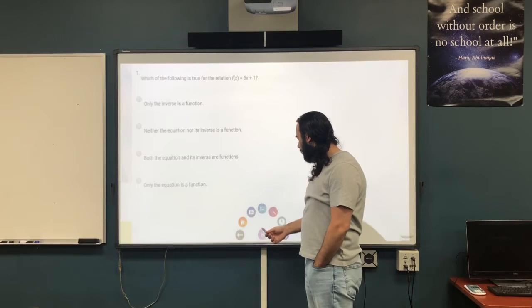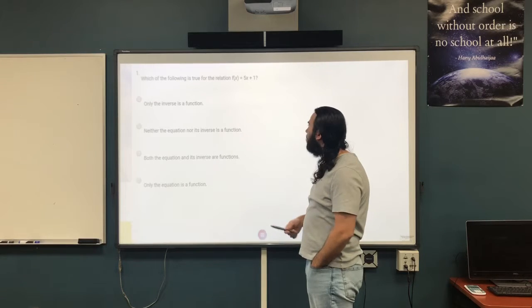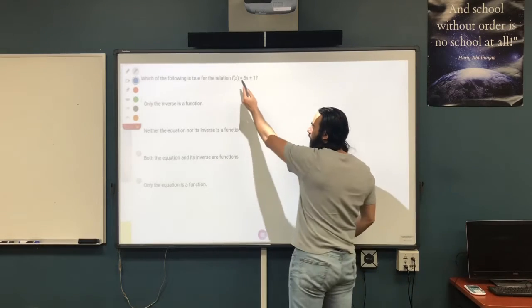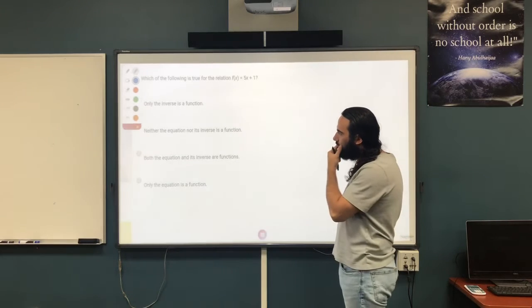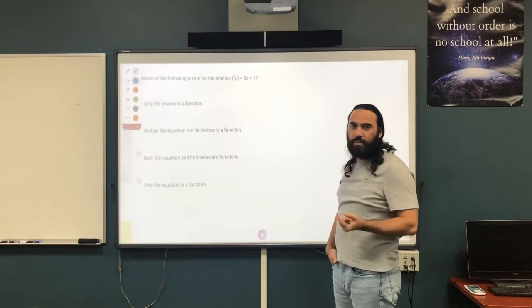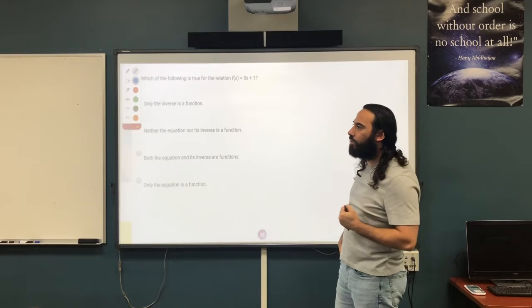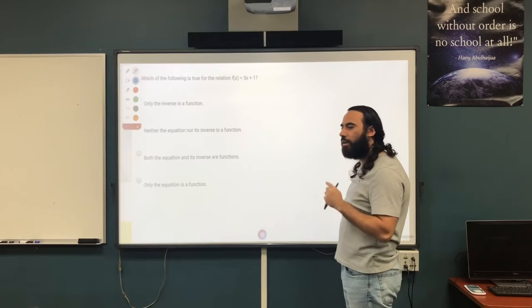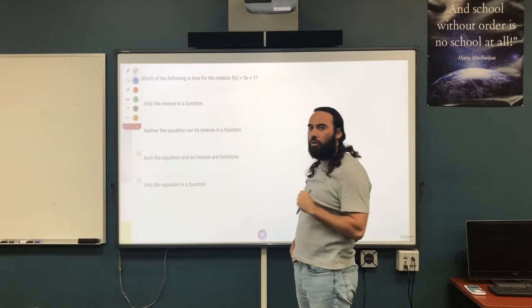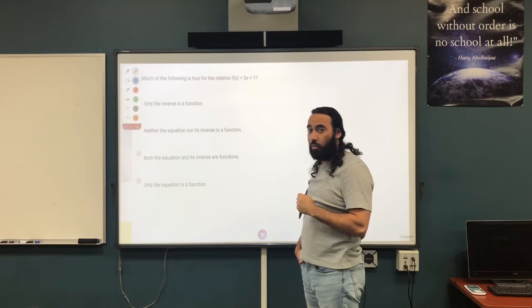So first let's look at the function. As you can see, the function is f(x) equals 5x plus 1. Of course, this is a function y, because to every value x, there is only one value, which is y.